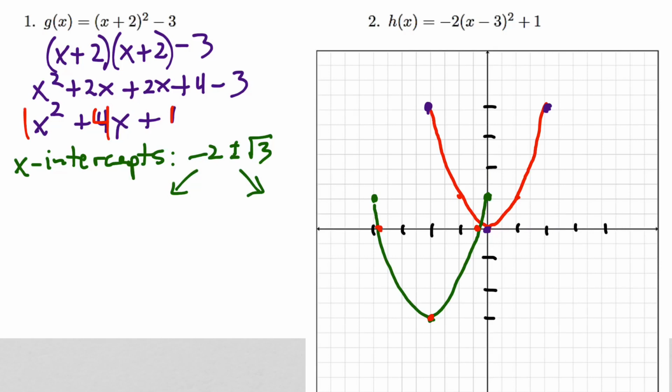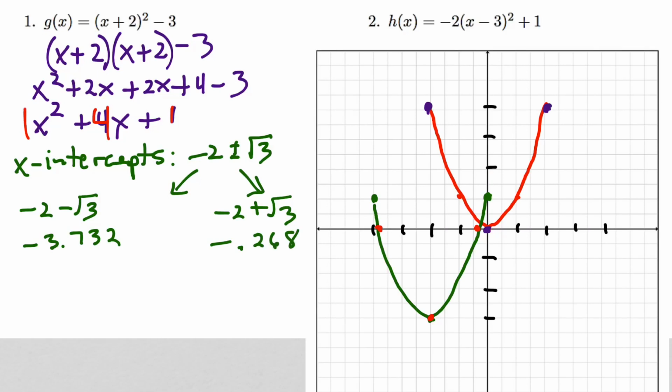I'm going to have two x values, -2 minus root 3, and I'm going to have -2 plus root 3. So negative 2 minus root 3 is negative 3.732, and negative 2 plus root 3 is negative 0.268. So those are these 2 points here.